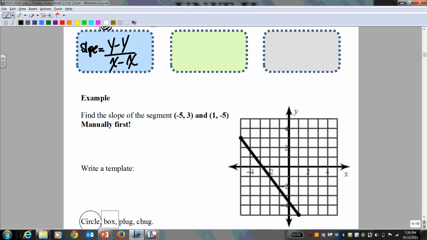Same segment here. We're going to find our slope right here between -5 and 3, and this is 1, -5. First, we're going to do it manually. Rise over run. So we're just going to bunny hop it here. Bunny hop with me.